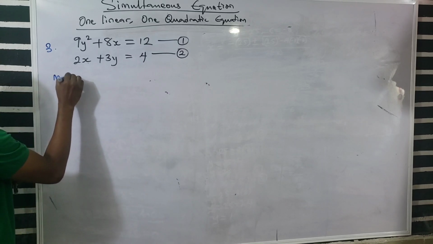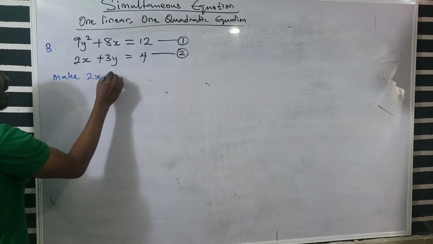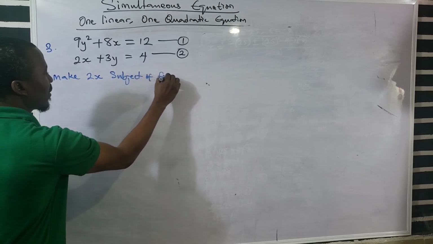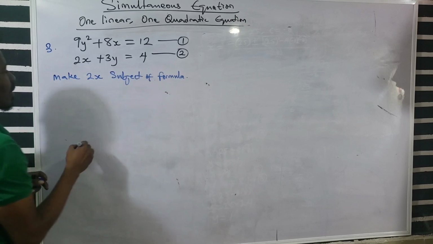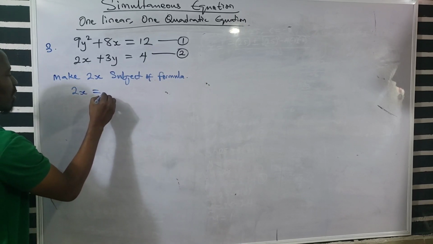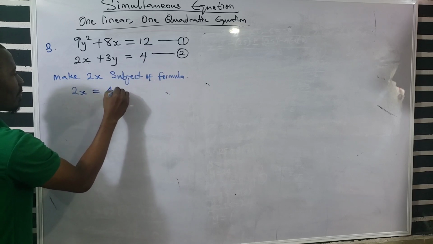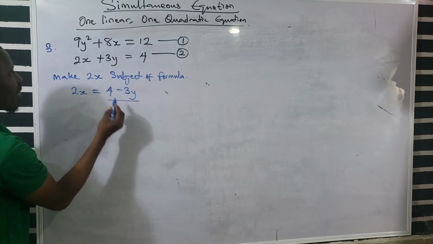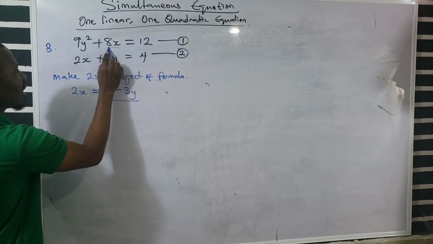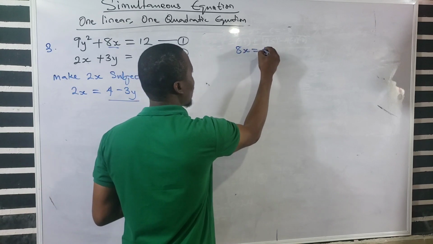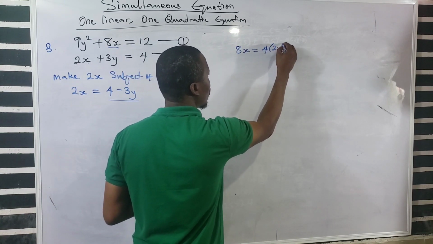Let's make 2s subject of formula. So what would that give us? We will have 2s equal to what? 4 minus 3y. Okay? Now, this 4 minus 3y, we are going to put it here because 8s is the same thing as 4 into 2s.